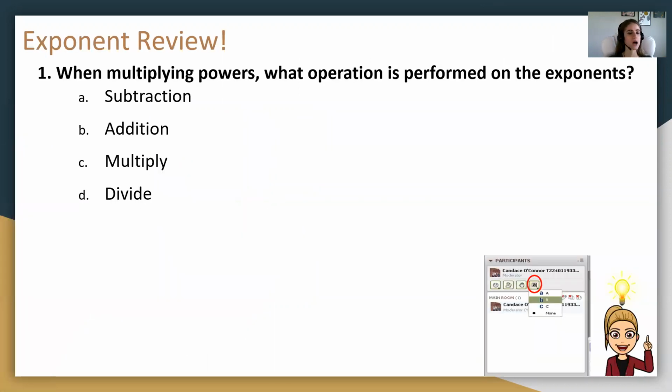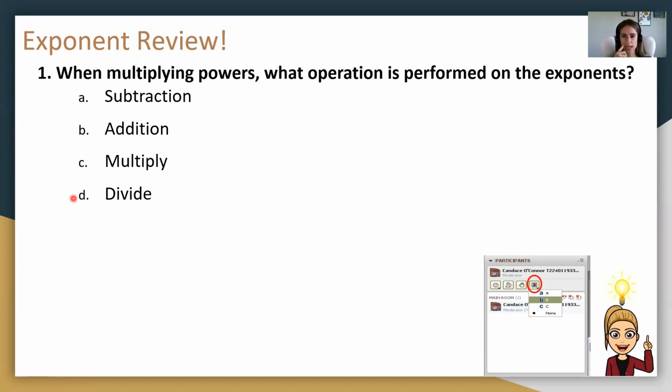All right, but before we do that, we are going to briefly review exponents. Exponents is what we learned last week. When you multiply powers, what operation is performed to the exponents? Subtraction, addition, multiplication, or division?